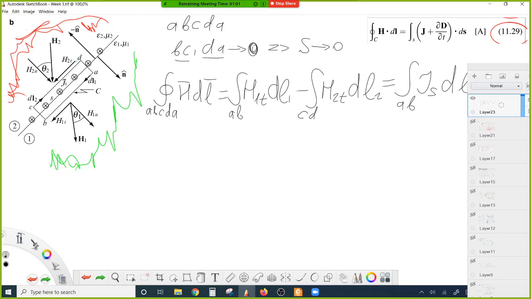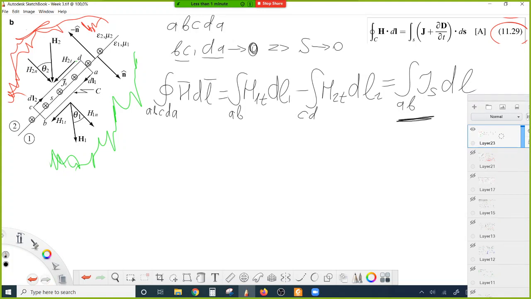However, here the current is distributed over the surface, therefore integration is on the line AB, or CD.